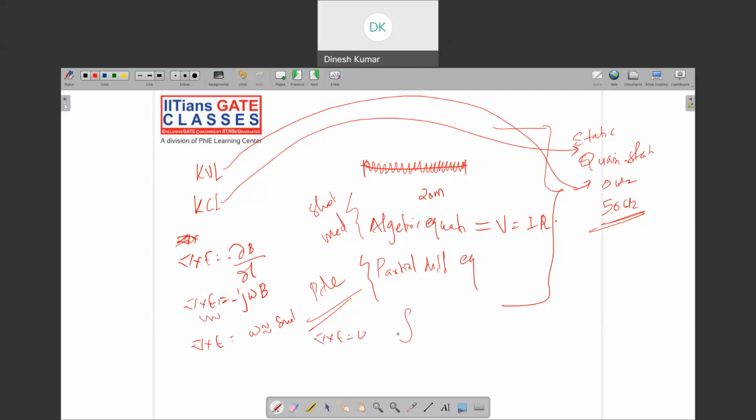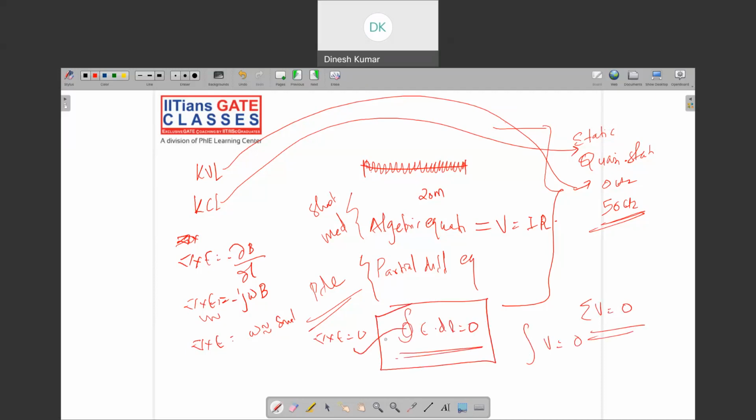Del cross E being 0 means the integral of E dot dl is 0, right? So if KVL is valid, because E dot dl is basically V, the integral of V, or sigma V, is basically 0. This is basically the KVL.